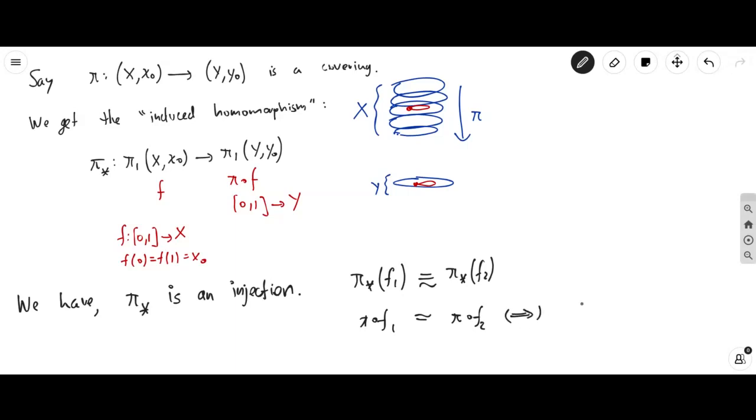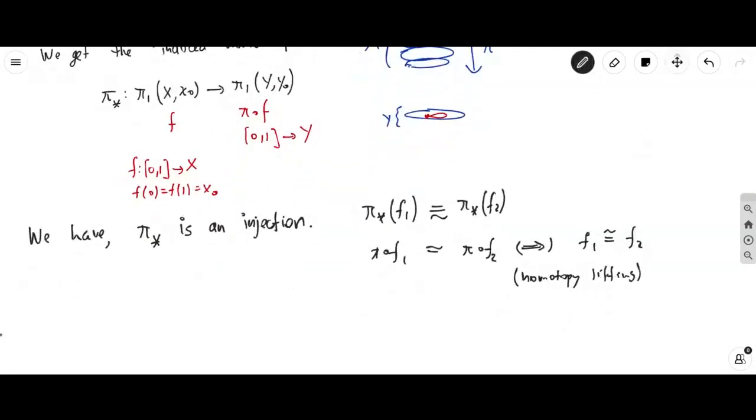But then that would imply that the original paths must be homotopic, and this is because of something we talked about, homotopy lifting: a homotopy in the base lifts to a homotopy in the cover. These are the projected ones, but when you lift them, you get back the original path, the original loop. So these are now equal, well, homotopic in the cover. That's the observation here. And so we abuse notation.